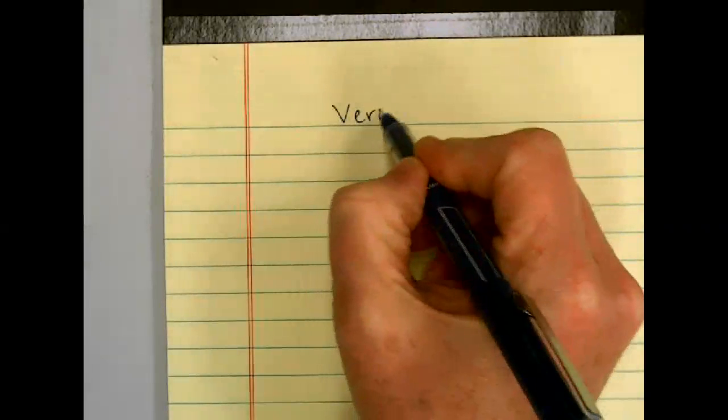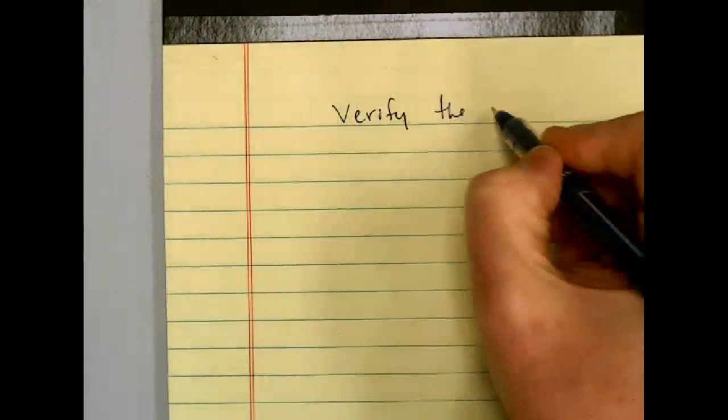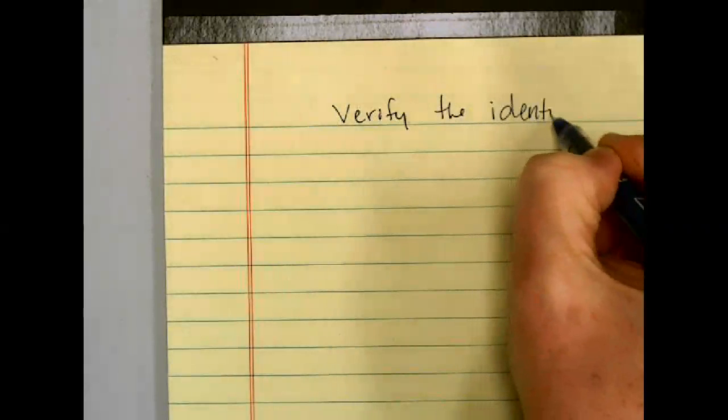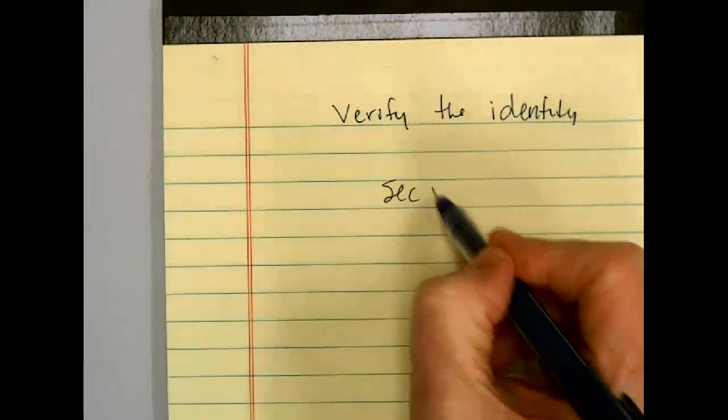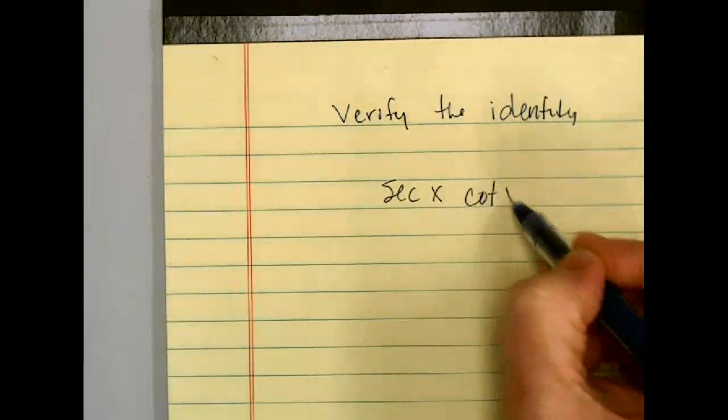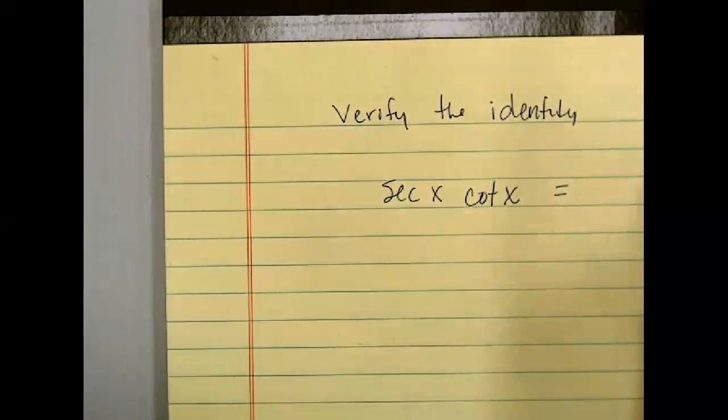Some of the problems that you see in this section, now we'll say, verify the identity that secant x times cotangent x is equal to cosecant x.